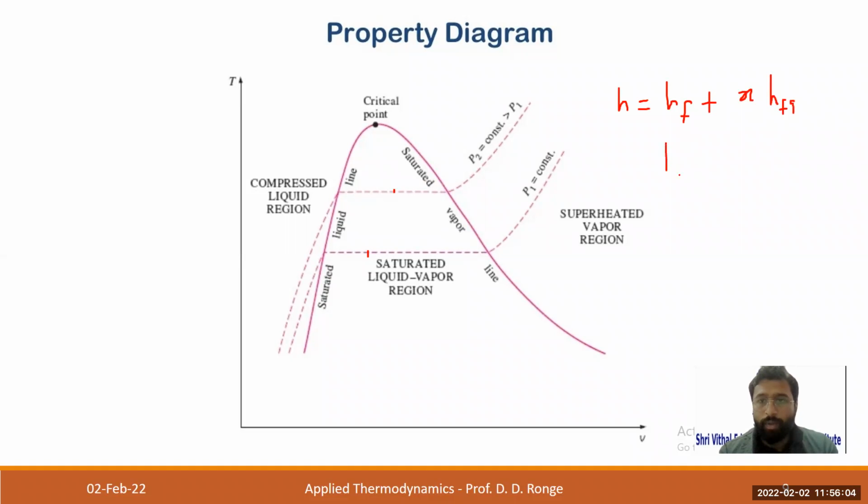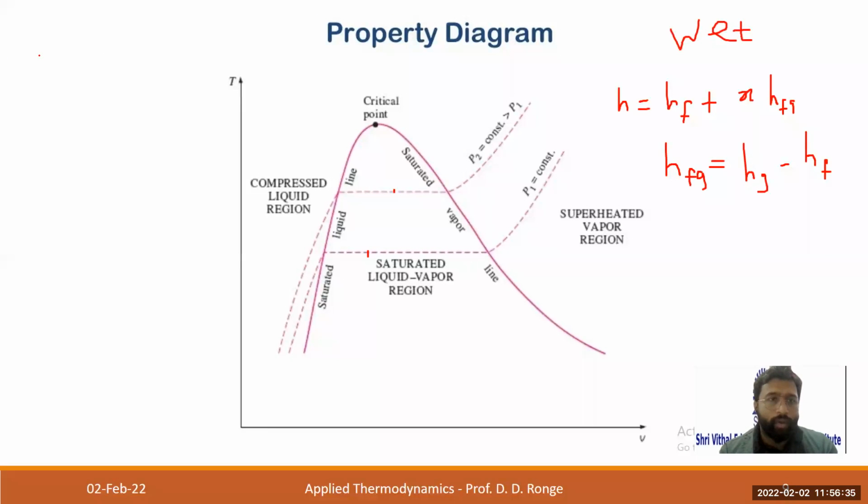If you don't know what HFG is, I will write it down here: HFG is the difference between Hg, the enthalpy of dry saturated, minus the enthalpy of liquid saturated, that is HF. Okay, it is very simple. That is the formula for the wet region.